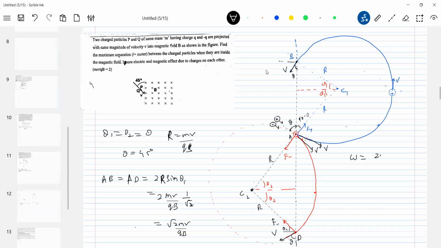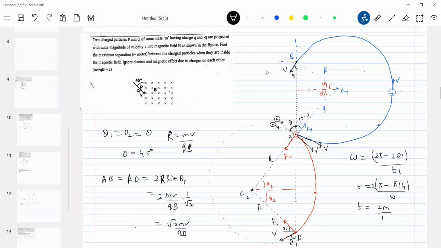Time spent by the first charged particle: omega equals 2 pi by T1, with angular displacement 2 theta 1. This is the time spent by the first charged particle. So pi minus pi by 4 will be 3 pi by 4, over omega, which is again Bq by m.